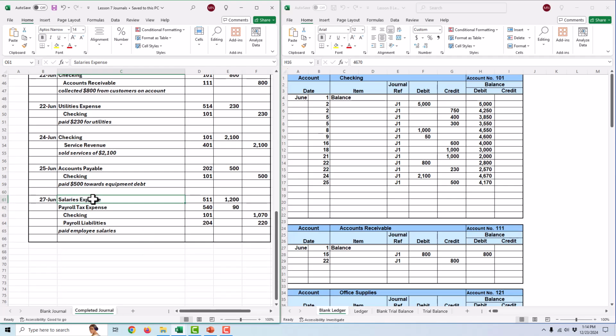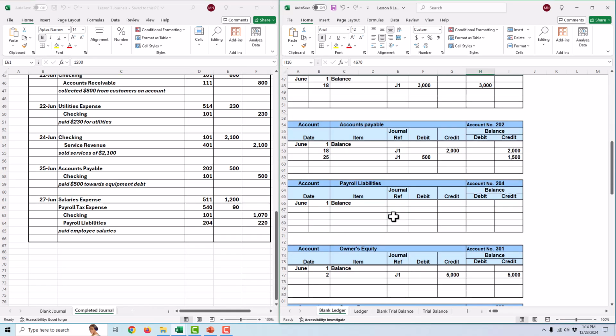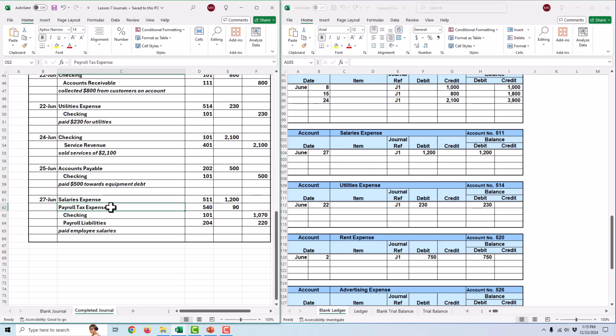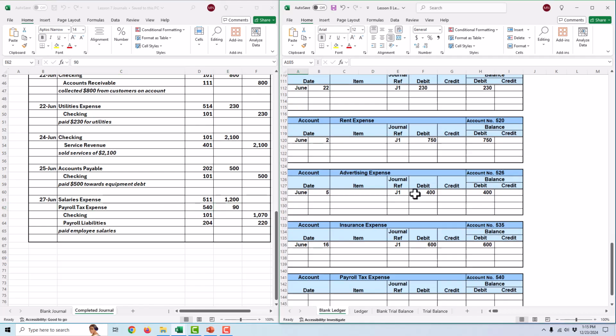And then you have the last entry, debit salaries expense for $1,200. The balance section would also be a debit of $1,200. Then debit payroll tax expense for $90.